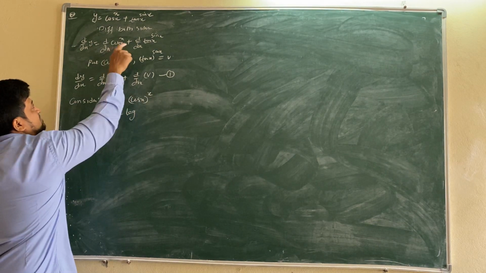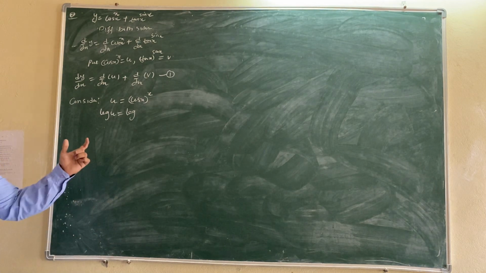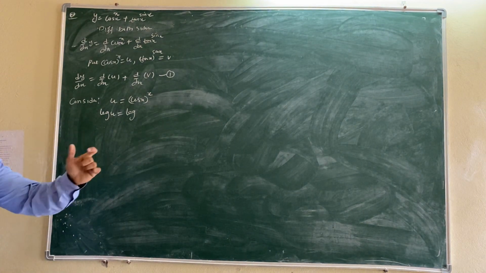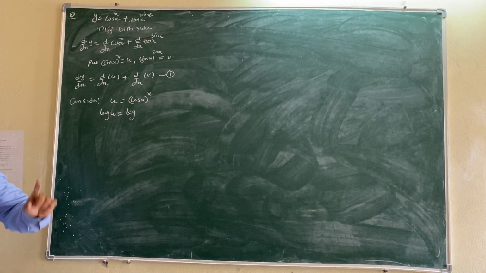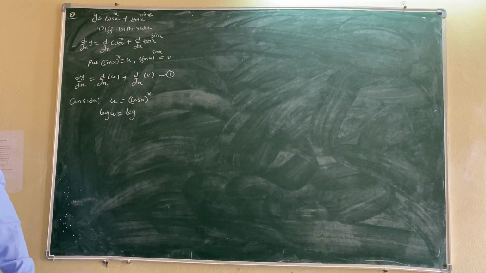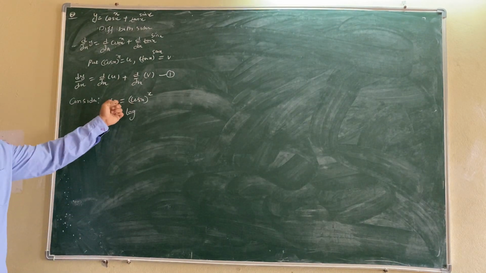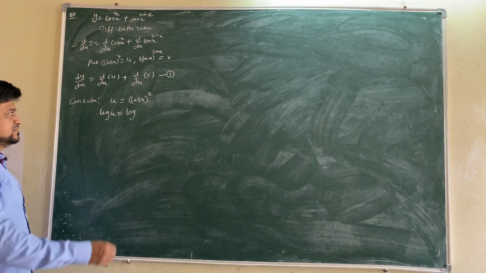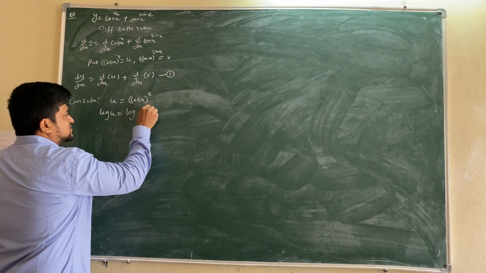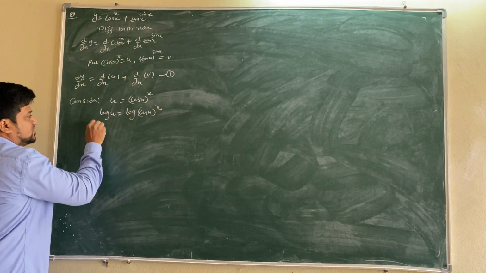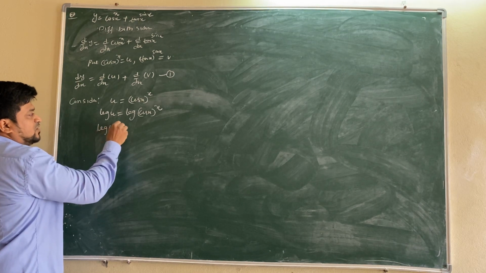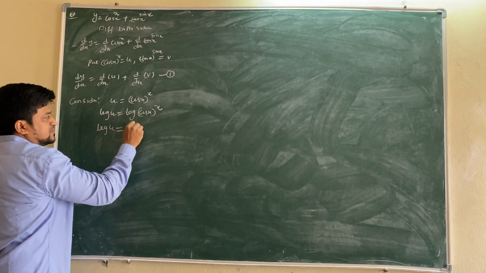Here, for two terms, we can't apply log: log of a plus b does not become log a plus log b, it gets expanded again. So we'll make it parts. Log of cos x power x, so log u equals x log cos x.